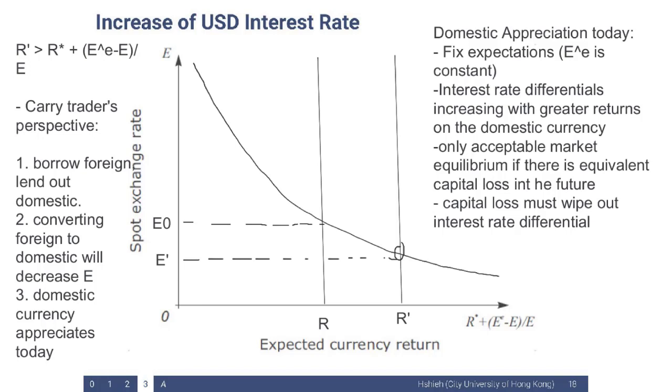So in order to compensate, to wipe out that larger gap, E has to move in the direction that eliminates that larger gap. And E can only move in one direction, which is down. So in order to get that sufficient expected depreciation of the domestic currency, the domestic currency has to actually appreciate today to wipe out the larger gap.